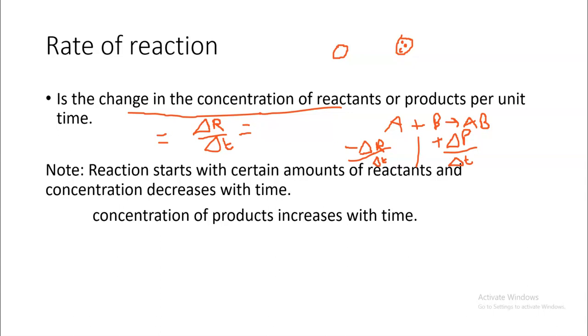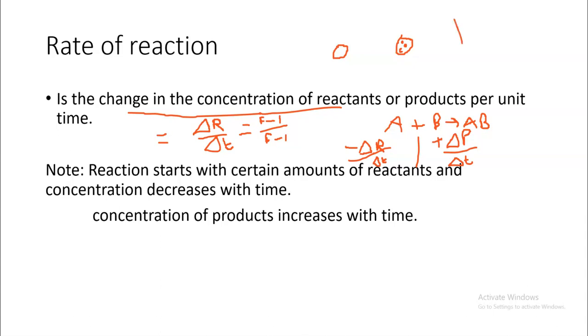It will be final minus initial of the reactant or your product, over change in time, also final minus initial. That will be your formula. So you need 2 points to work with. Most often they give you a graph or a table, and from the table you must have a final point and an initial point.